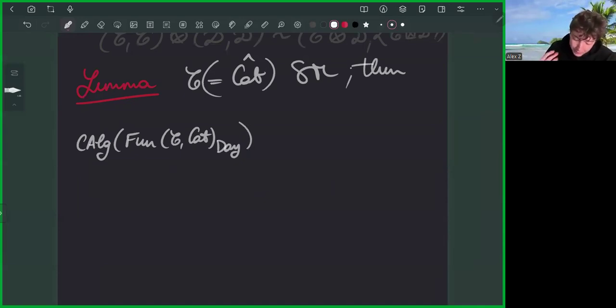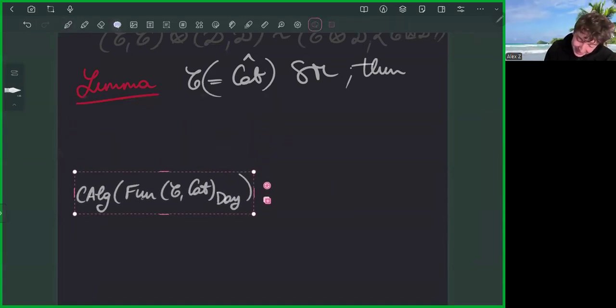And then you take commutative algebra objects on that. So quite funky.